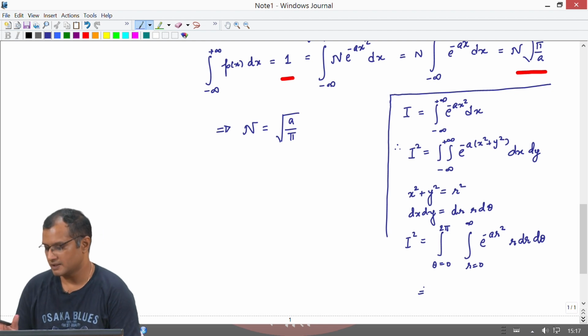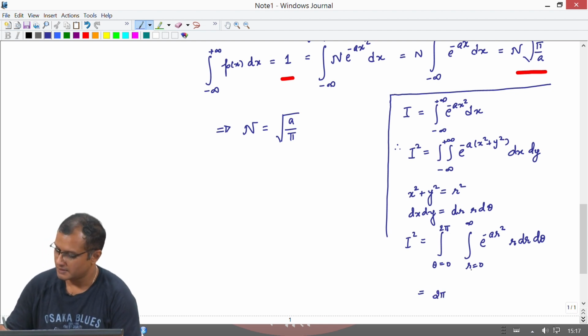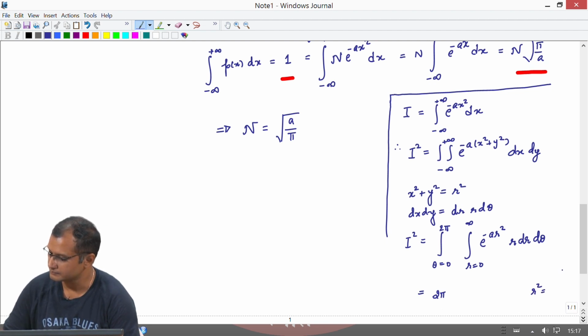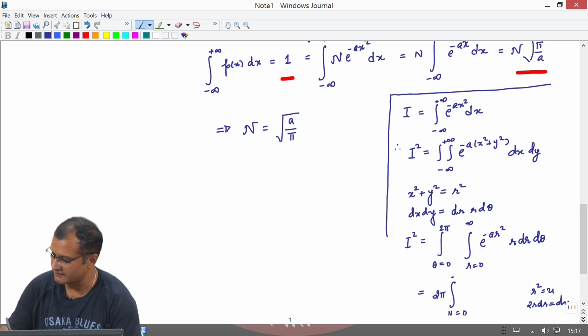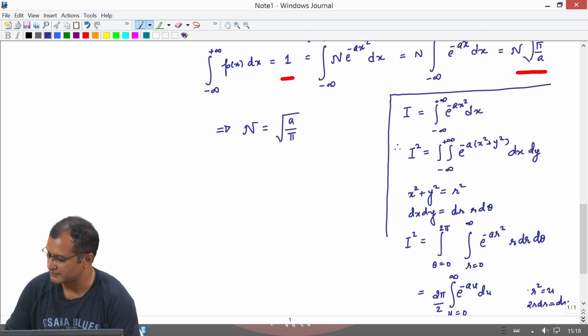okay. The integral on theta simply gives me a factor of 2 pi. In fact, I am going to substitute a r square as u.